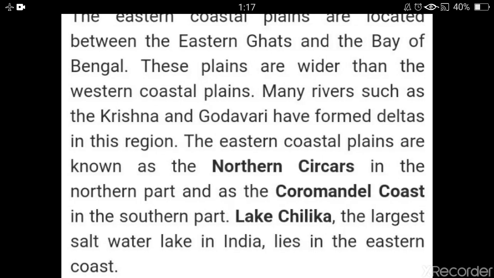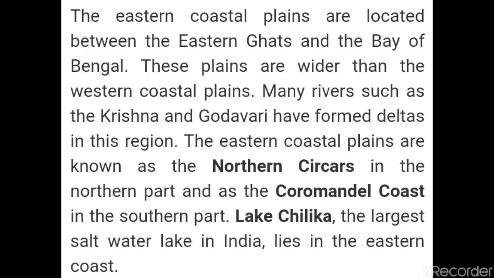Then we have the eastern coastal plains. The eastern coastal plains are located between the Eastern Ghats and the Bay of Bengal. These plains are wider than the western coastal plains.